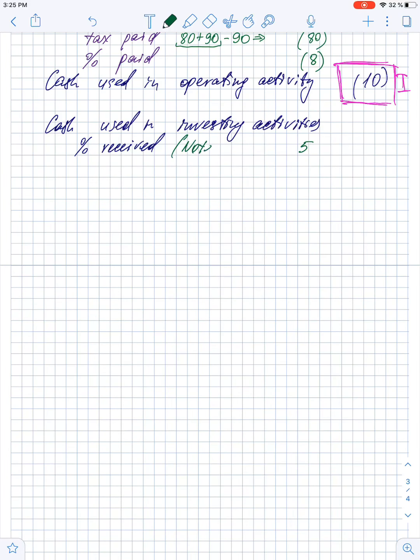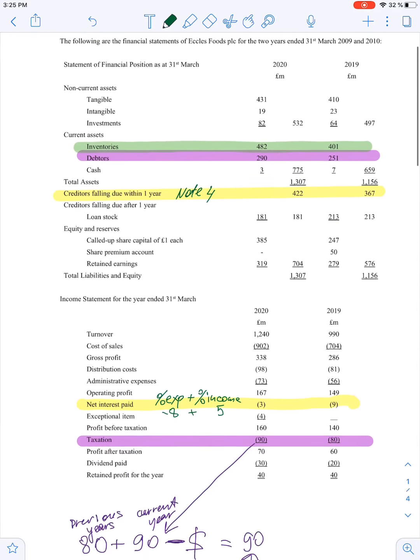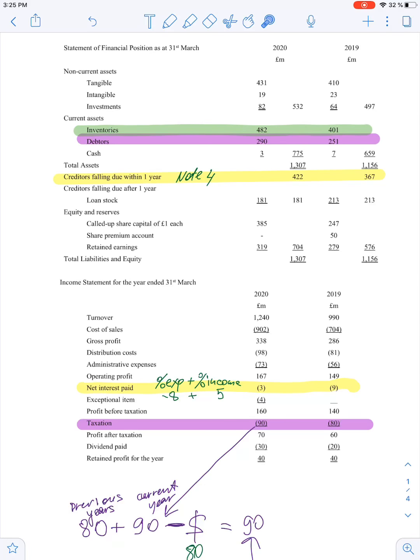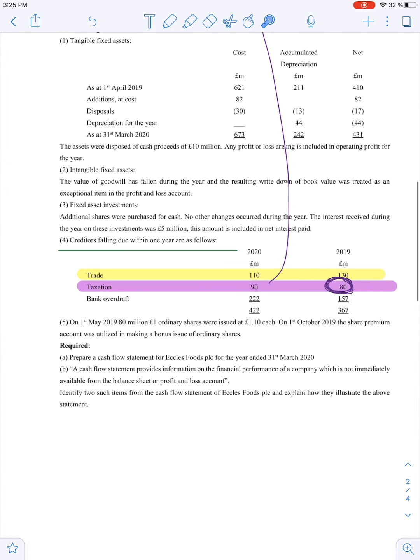This is note 3. And then we have to look at the balance sheet, non-current section, and see whether something changed from year to year. Here we have all non-current assets, and we can see the change in tangible, intangible, and the investment sections. So let's start with the tangible assets. We have note 1 describing the roll forward of fixed assets in the company, and we can see that there were some additions at cost.